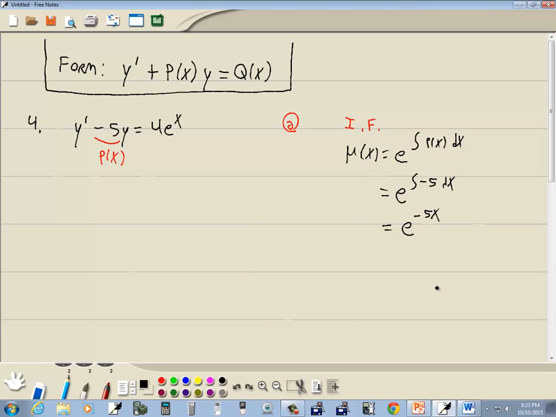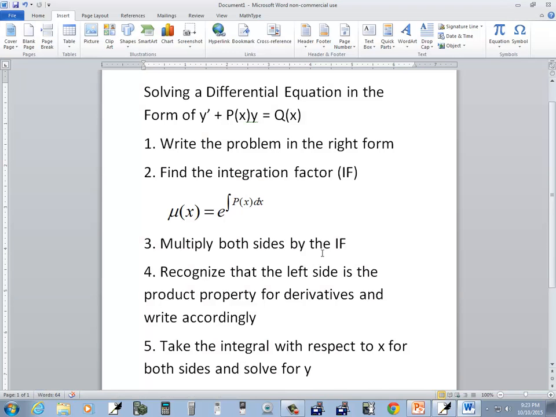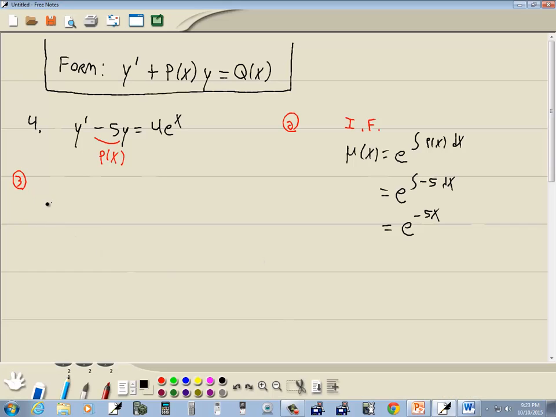Okay, so then we're going to multiply that times both sides. That's step 3. Multiply both sides by the integration factor. So we'll take e to the negative 5x times y prime minus 5y equals e to the negative 5x times 4e to the x.